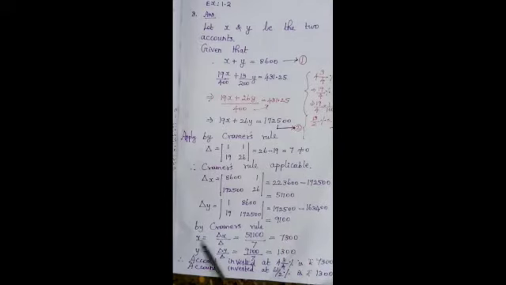By Cramer's rule, x is equal to delta x by delta, which is 51100 divided by 7, we get 7300. y is equal to delta y by delta, 9100 divided by 7, which is equal to 1300. So the amount invested at 4 3/4% is rupees 7300 and at 6 1/2% is rupees 1300.